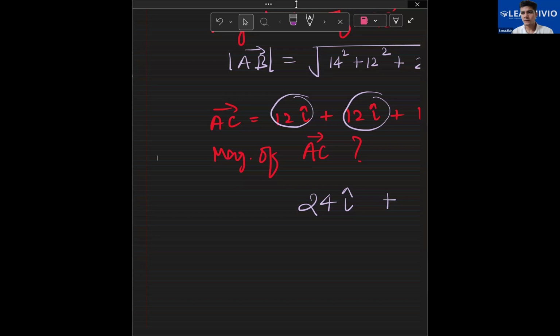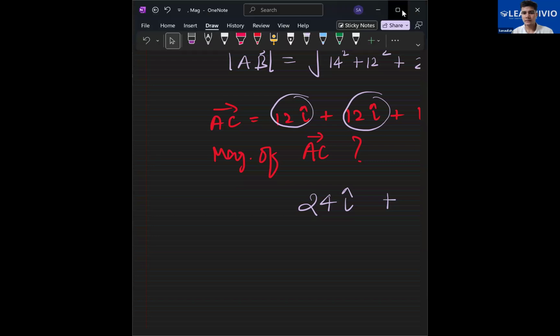Screen is visible. Tell me, is it visible? Yes.